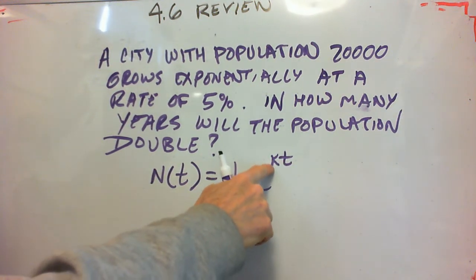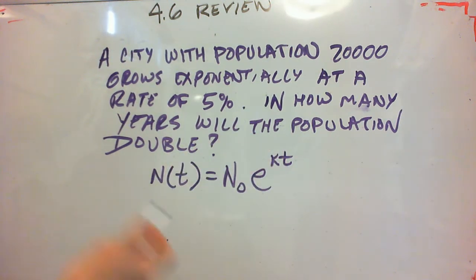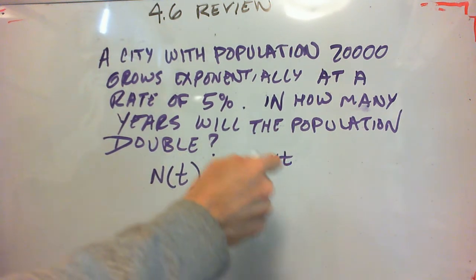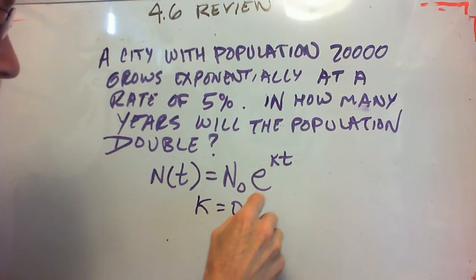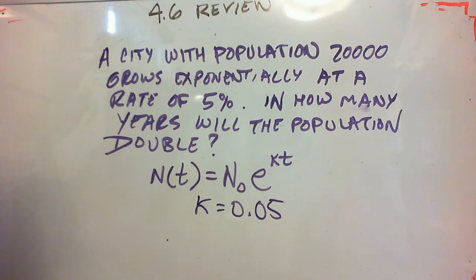So k would be growth rate per time period. Well, here t is years, and our growth rate is 0.05. So we've got that.